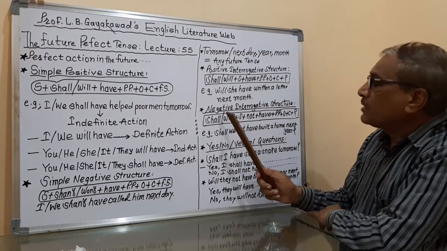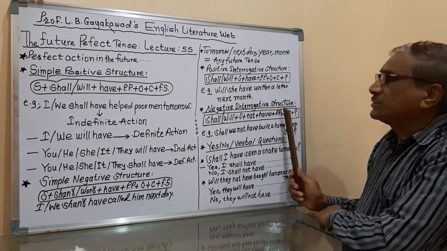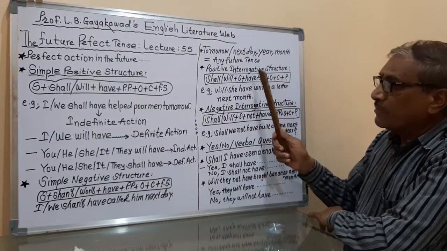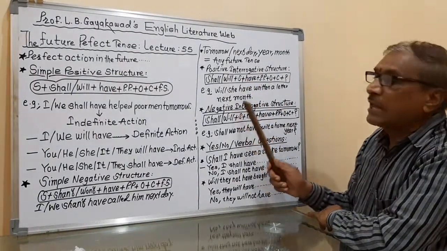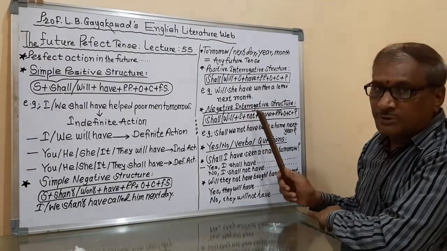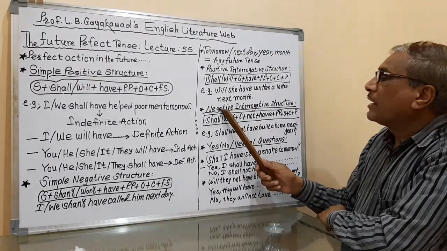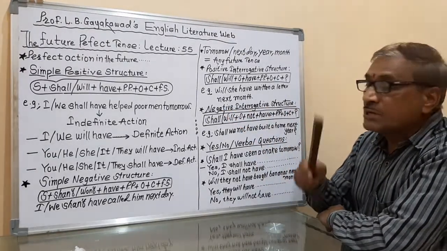So here the second is the negative interrogative structure. This is the positive interrogative structure, where we can ask the positive question, and here we can ask the negative question to the person who is before us. And that's why the negative interrogative structure means negative question structure.